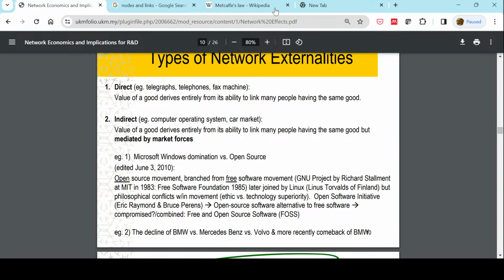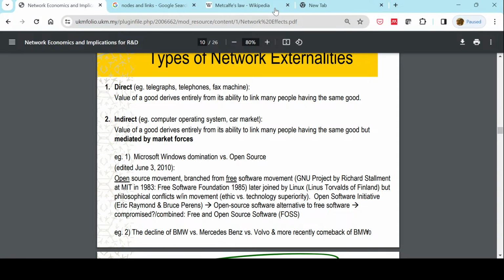But there were philosophical conflicts within the movement, especially on ethics versus technology superiority, and they broke up. So the open source initiative, by that person or the two, I don't want to mention the name to save time, led to open source software as an alternative to free software. Is it compromised or combined? And now, after that, free open source software.